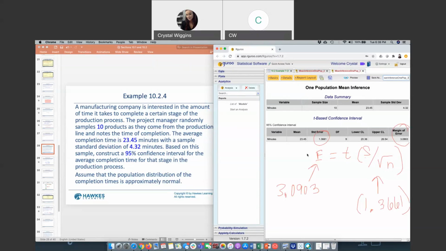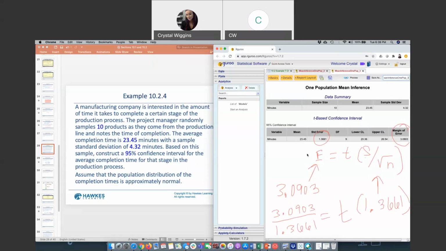So if we solve for this, we just have to divide by the 1.3661. So if we take 3.0903 and divide by the standard error of 1.3661, that is going to give us our critical value.